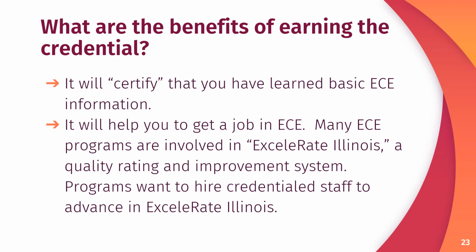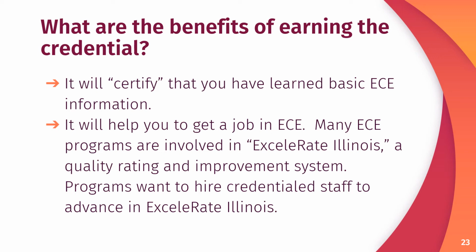Many early childhood education programs are involved in a program called Accelerate Illinois, which is a quality rating and improvement system. In Illinois, we have 4 different circles of quality. The higher the quality you are, the better the circle you are. You can advance from a license circle all the way up to a gold circle.